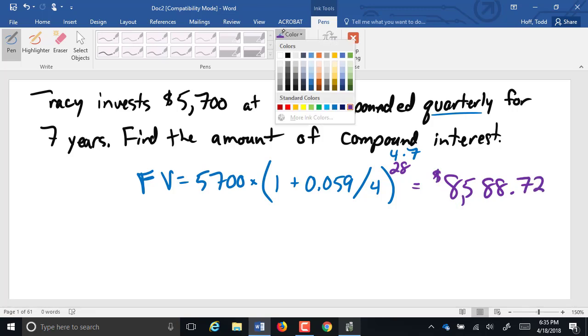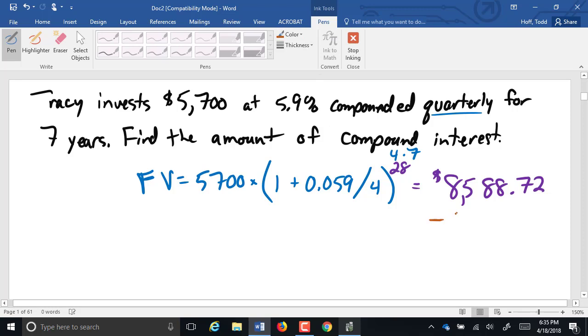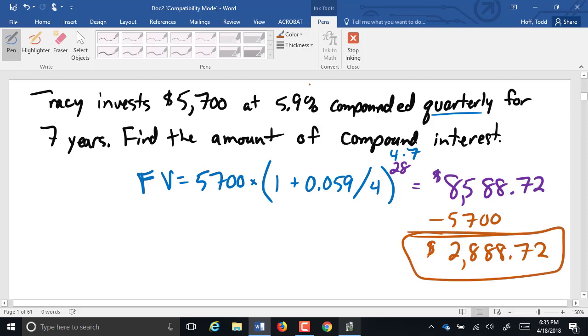So then we subtract the 5,700 present value to get 2888.72 is the interest. That is your answer.